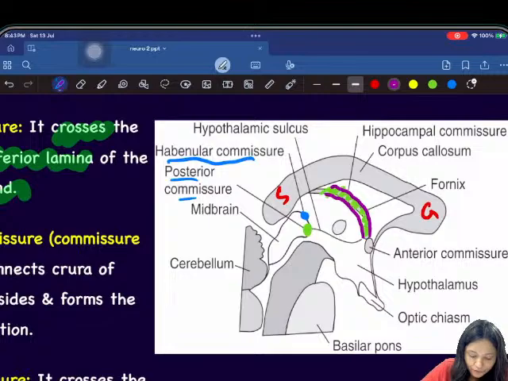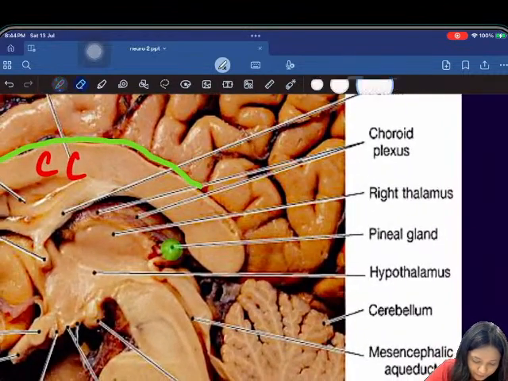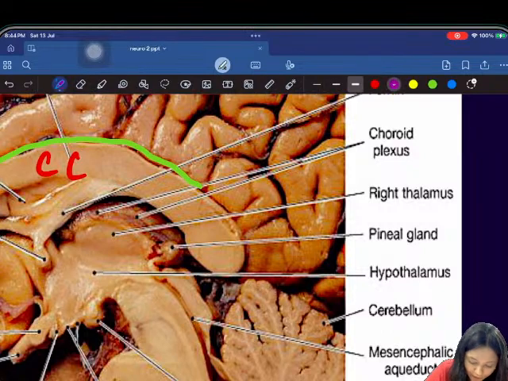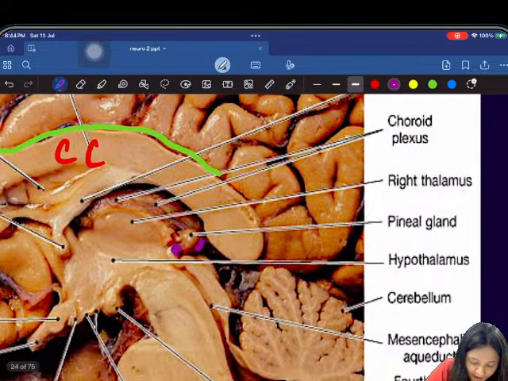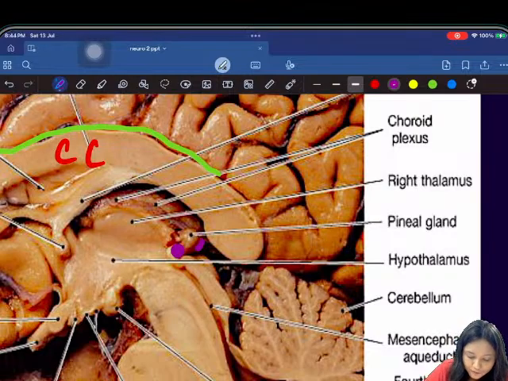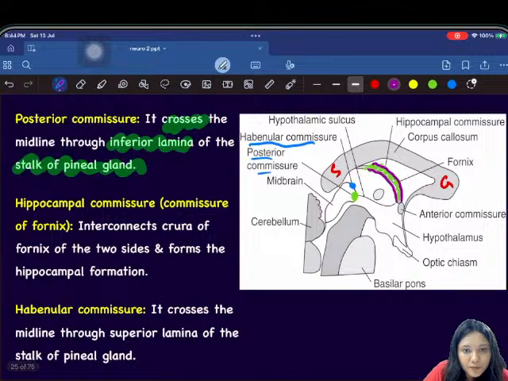Okay. So if we see in this image, as we have seen, this is the pineal gland. Just on the inferior lamina of the pineal gland, somewhere here, you will have the posterior commissure. Then you also have the hippocampal commissure, a commissure of the fornix.